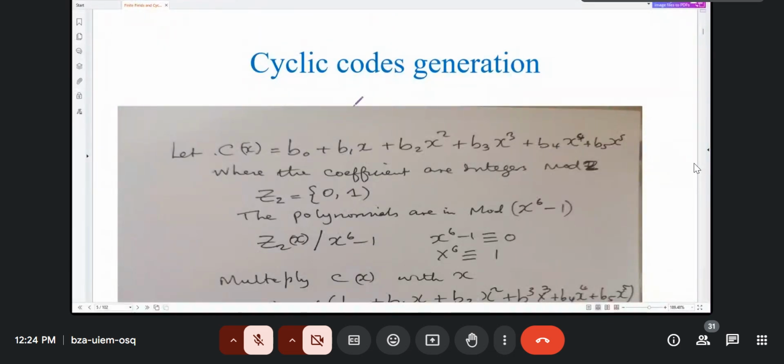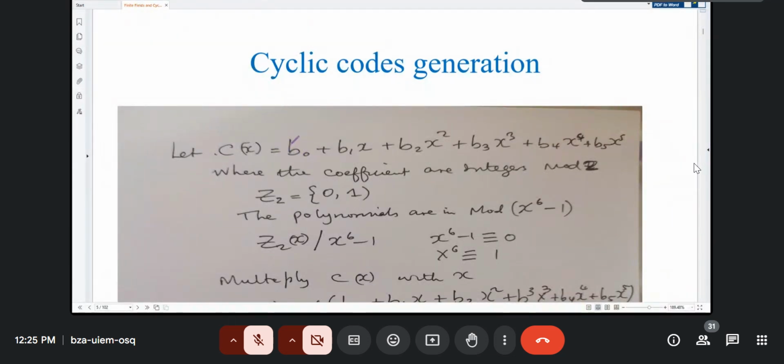And how are these cyclic codes generated? We can look at this and see. Later we are going to deal with why it is very easy to deal with cyclic code generation. So if you have CX, which has these bits or coefficients, B0, B1, B2, B3, B4 to B5, where each represents just a bit.